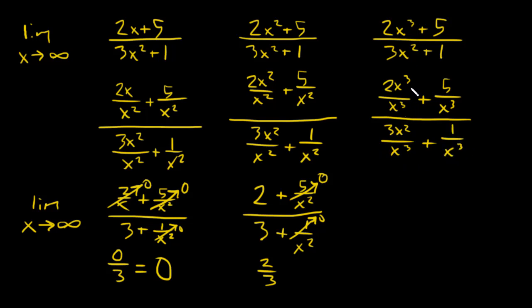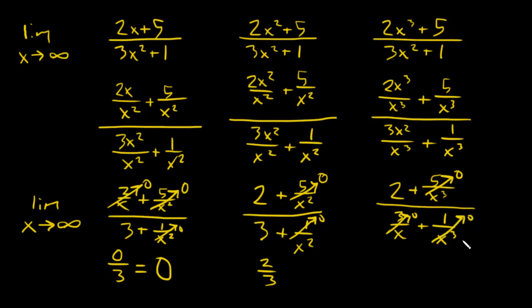So I'm going to wind up with 2 plus 5 over x cubed over 3 over x plus 1 over x cubed. Now when I apply the limit, 0, 0, 0.